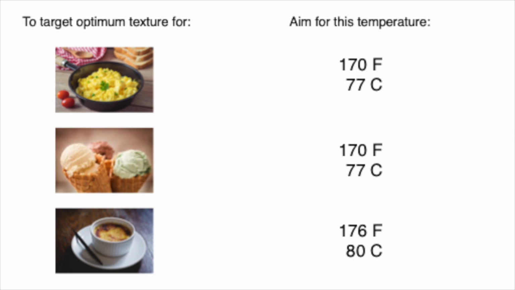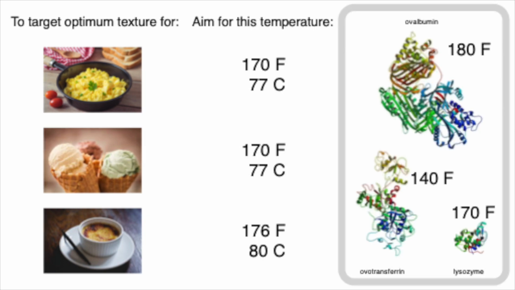For scrambled eggs or ice cream, we want our custards to stay just around 170. For creme brulee, we're going to bring that temperature up a little bit to 176. But you'll notice that for all of these, we keep our temperature below 180 degrees. We do not want to unfold our ovalbumin, and that is really important here.